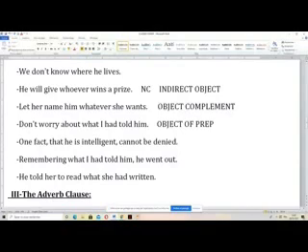So what's the function of it? As an object complement. But do you know what the object complement means? It's like in here, let her name him whatever she wants. So here it's an object complement.